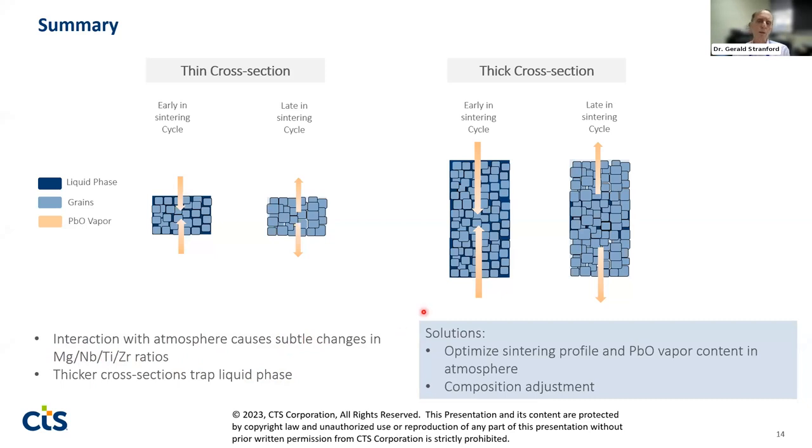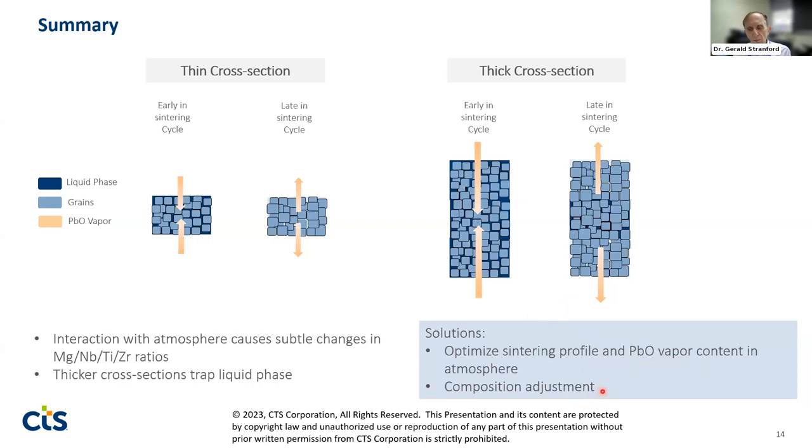So some of the things we're looking at, trying to see if we can mitigate this and get higher properties with the thicker cross sections, is optimizing our sintering profile and the lead oxide vapor content in the atmosphere during sintering.